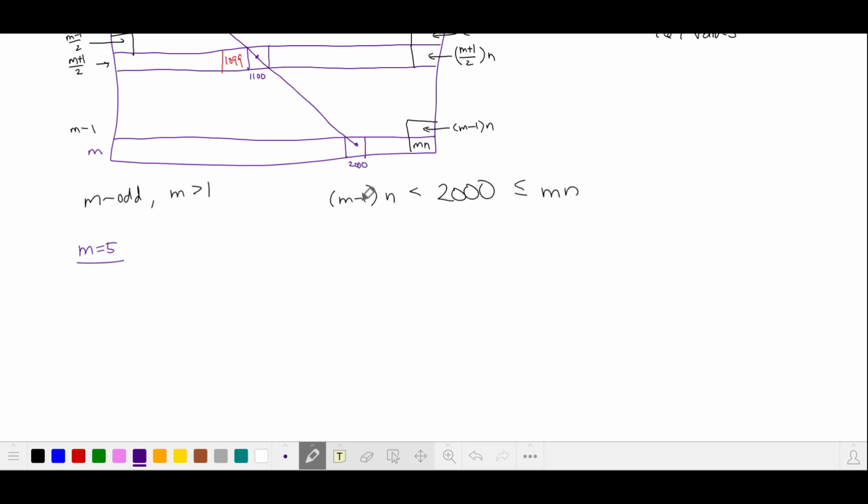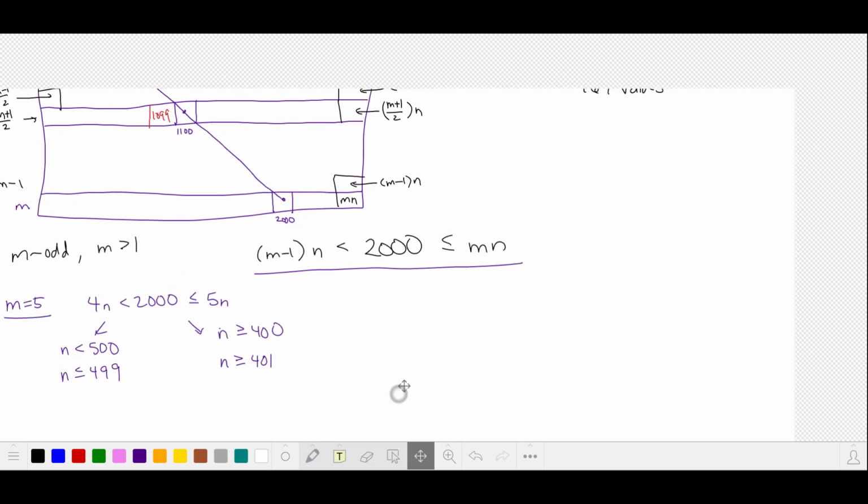equal to 5. So using, again, this chain inequality, that gives us 4n and between 5n. So here we have n is less than 500, but truly that's 499 since n has to be odd. Here we get n is greater than or equal to 400, but again, the next odd one is 401.